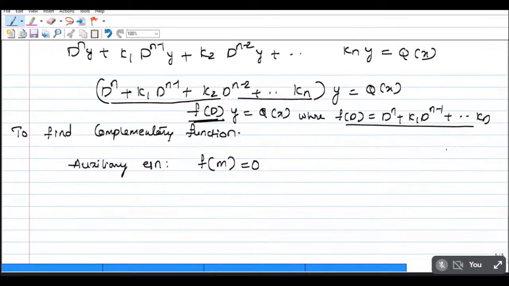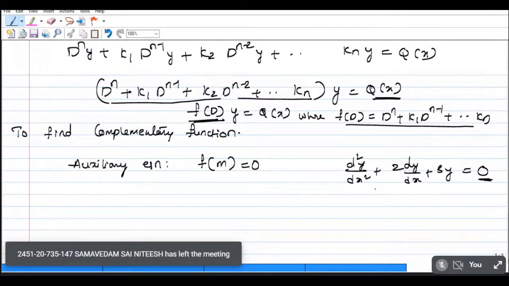I'll explain with a small example. d^2y/dx^2 + 2 dy/dx + 3y = 0. First I am taking the RHS q(x) as 0. If RHS is 0, then the particular integral is 0, so first we find only the complementary function.